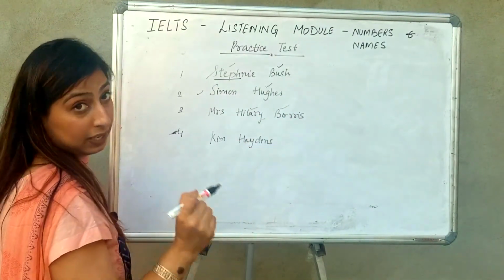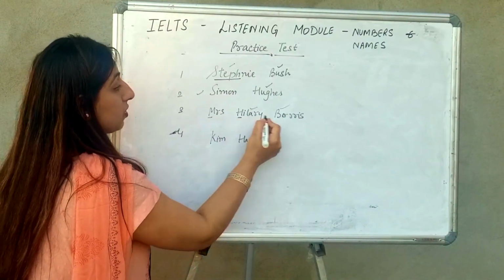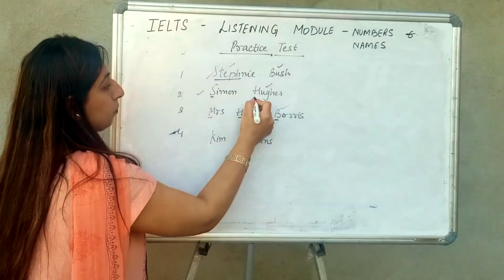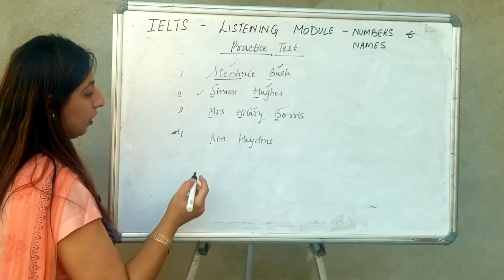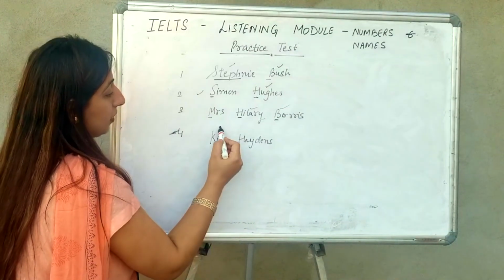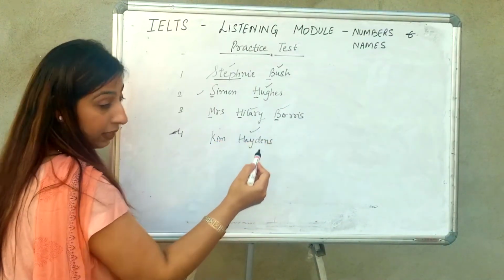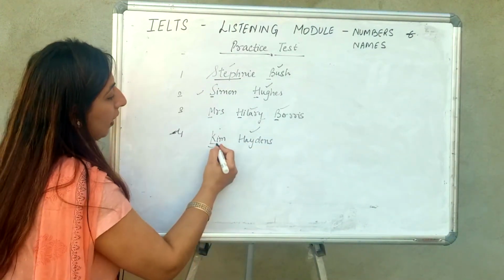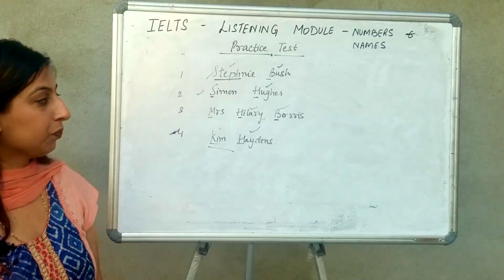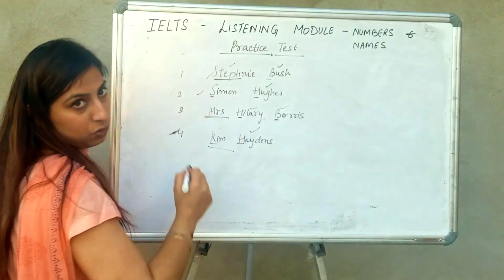You must take care that all these words must be capital, else the answer will be incorrect. And the last one is Kim Haydens. I didn't spell Kim, I spelled only Haydens because Kim is quite simple, and K and H must be capital. You will write Mrs. in this way.